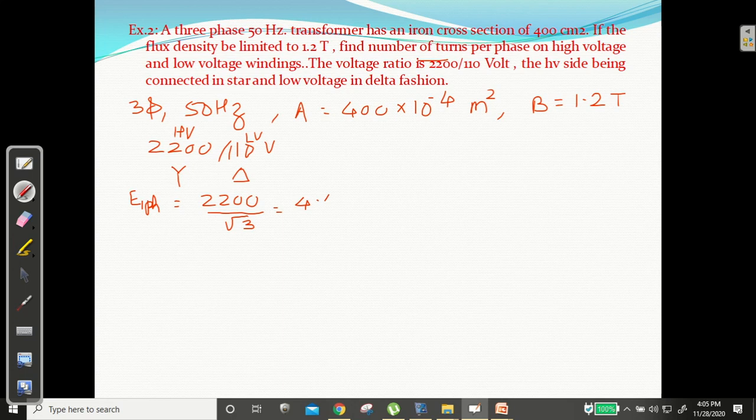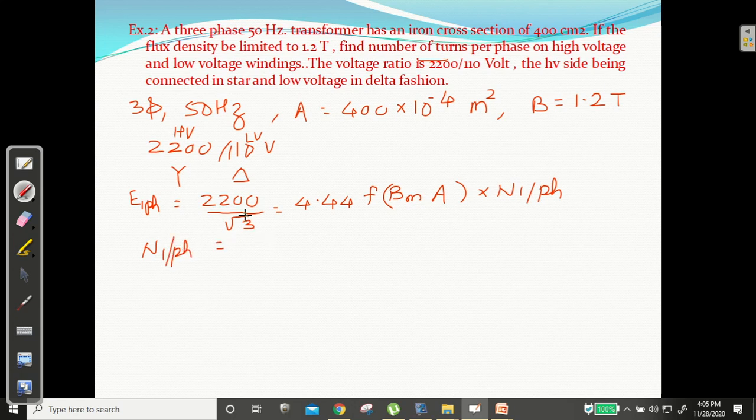This equals 4.44 f phi m, where phi m equals B into area, into the number of turns per phase. You know everything, so you can find the number of turns per phase.